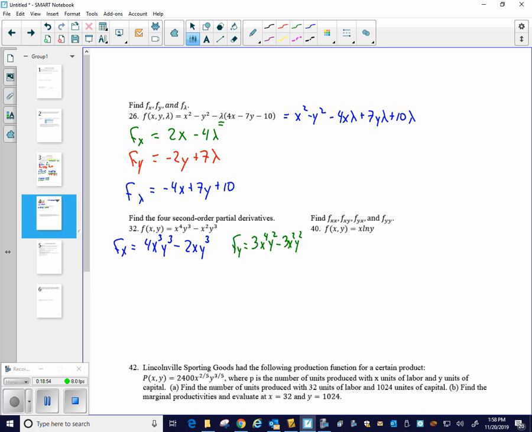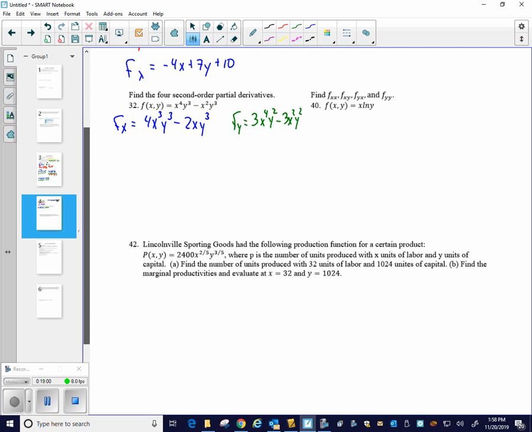Now it says to find the 4 second-order partial derivatives. Second-order partial derivatives mean I need to take the derivative again of x with respect to another x. So it's actually f sub xx. It just means take the derivative again with respect to x. Okay?